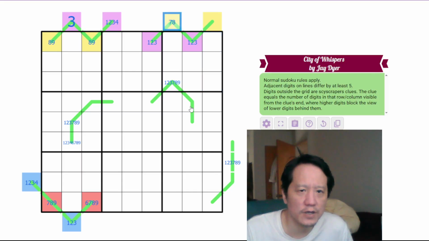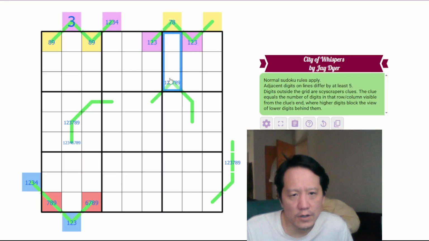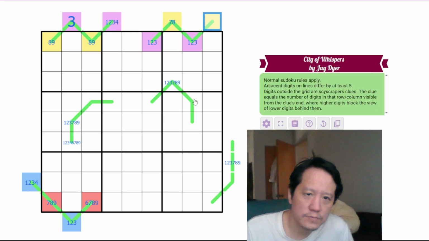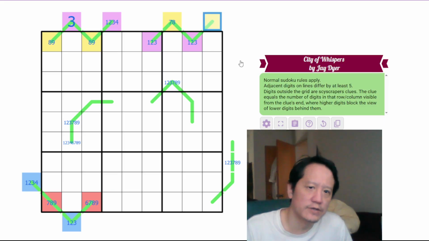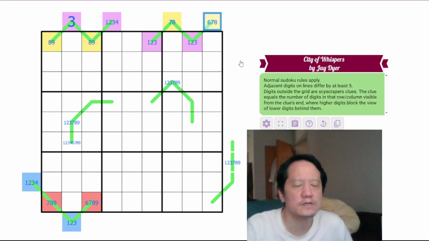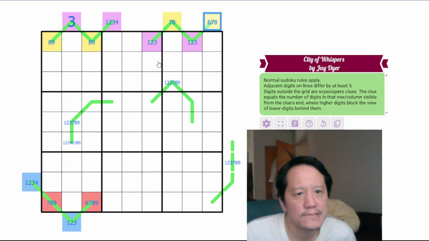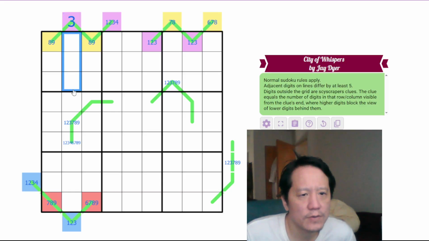Can this ever be 8? Maybe. This can't be 9 though, so this is 6, 7, or 8. If we have 3 here, you could potentially see 3 this way.